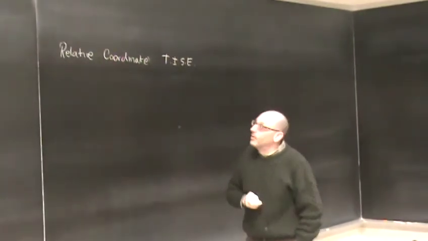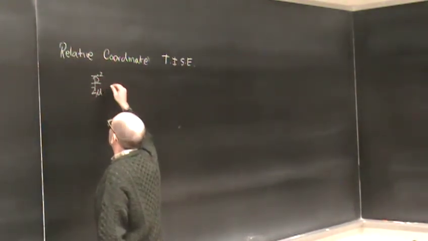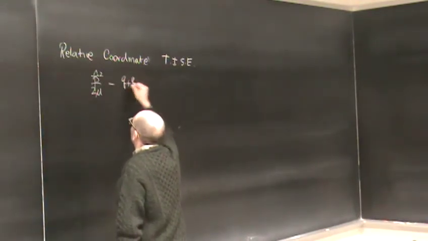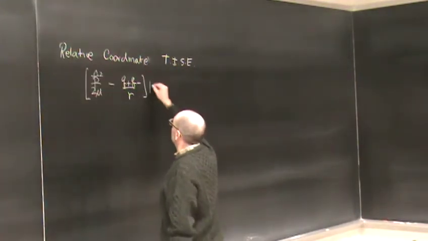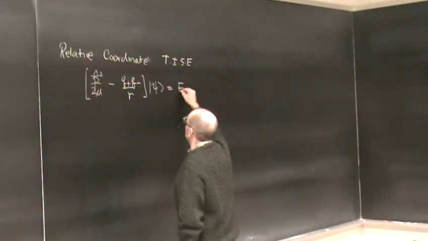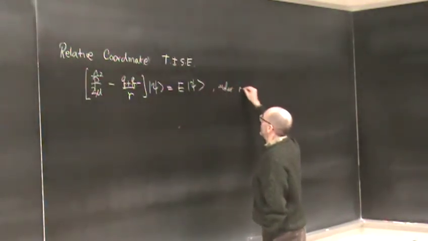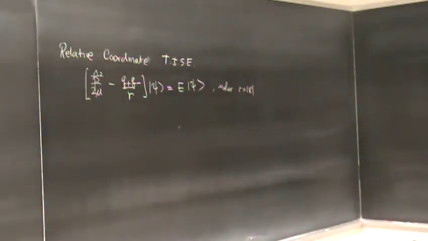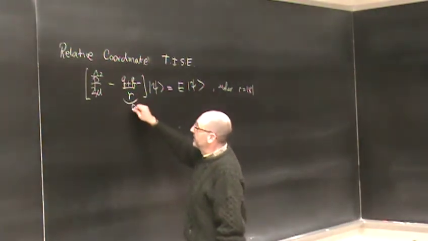Alrighty, so we got this, which has this form, where R is the magnitude of X. Okay? And so this potential is a central potential.